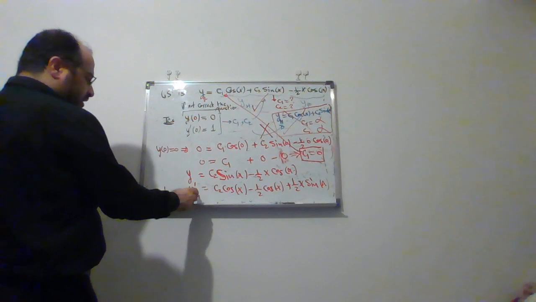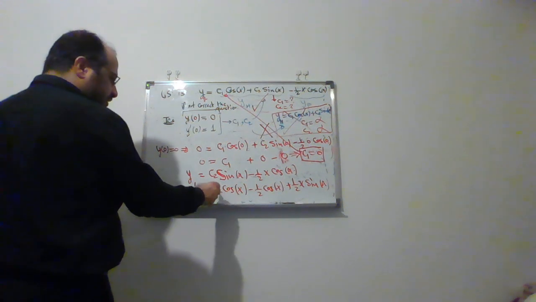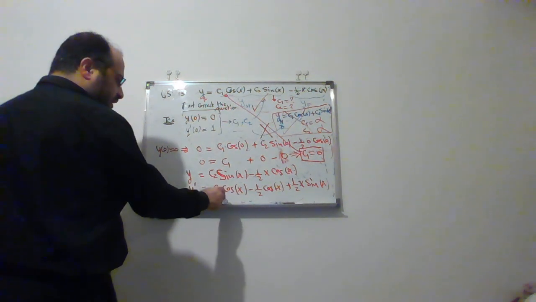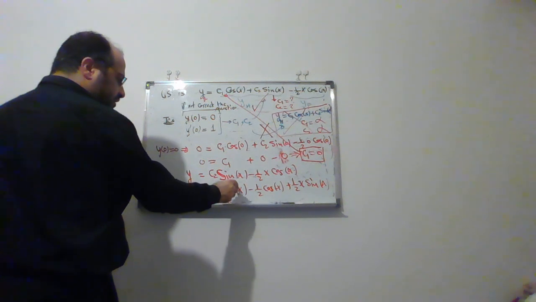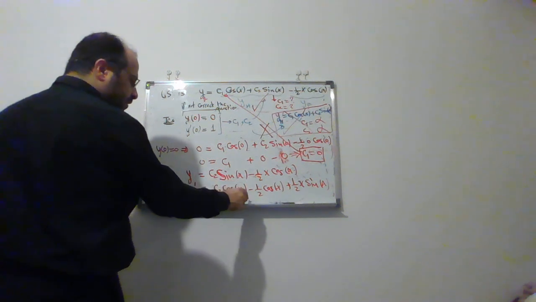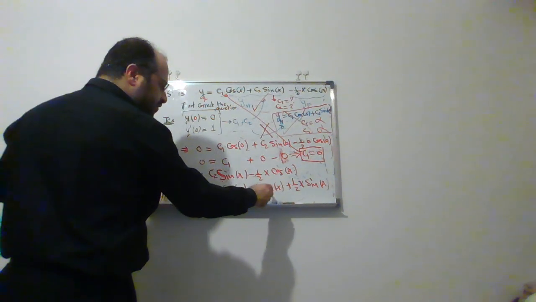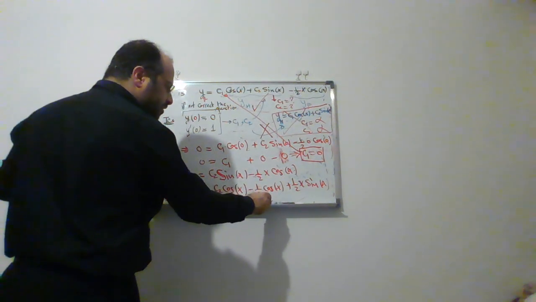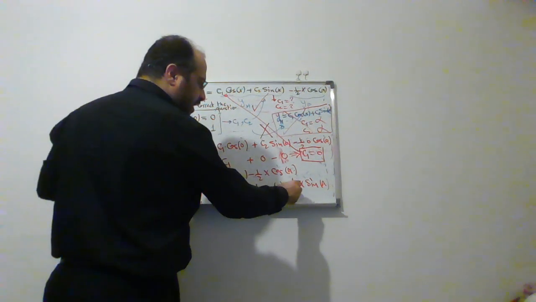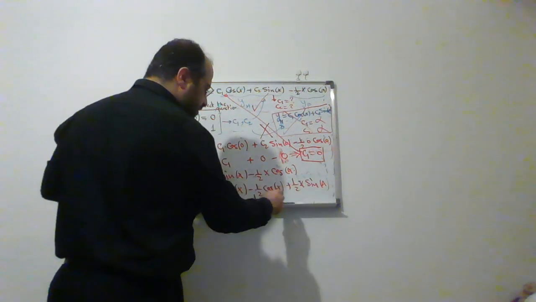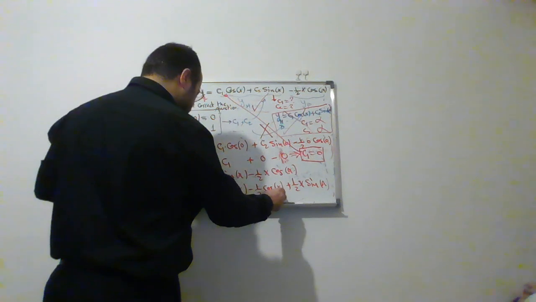So I get 1 here, and here I get C2, because I'm plugging 0 here, cosine of 0 is 1, minus half, cosine of 0 is also 1, and here half times 0 times sine of 0 is 0, so plus 0.